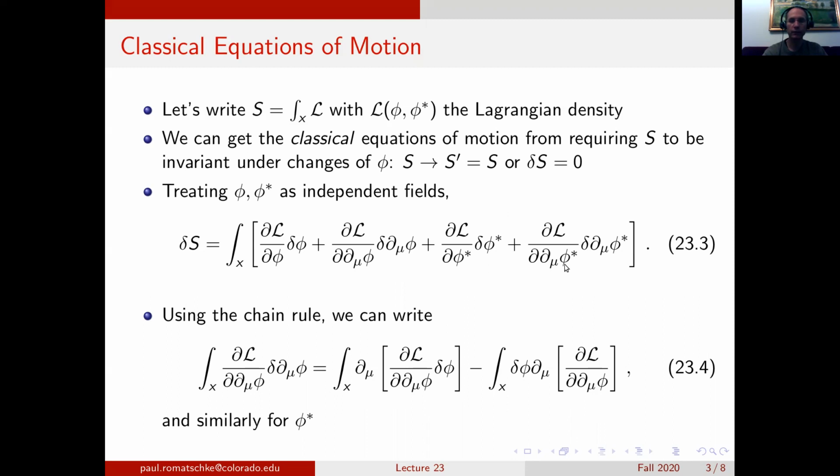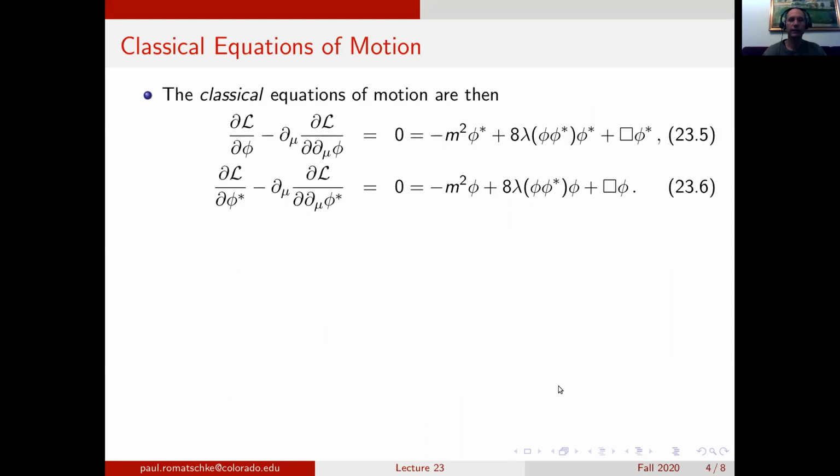If we do so, then we get an expression where we have delta phi just sitting in front of the integrand, and by varying delta phi arbitrarily, we get the classical equations of motion. So these are just the requirement that the integrand multiplying delta phi has to vanish, and these just give us these constraints here, such as dL by d phi minus d mu, dL by d mu phi is 0, and the same for the variation with respect to phi star.